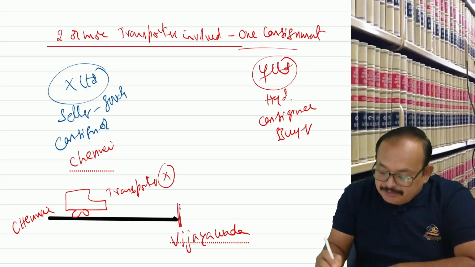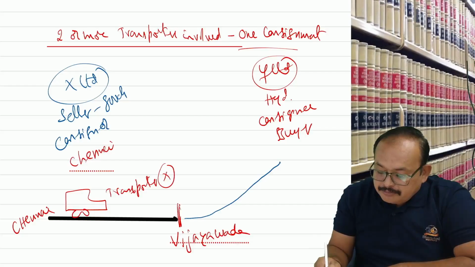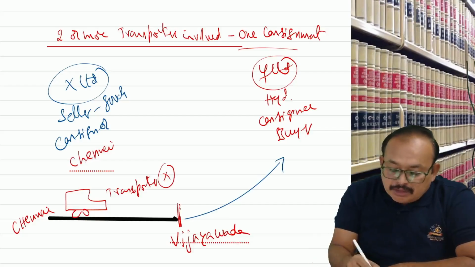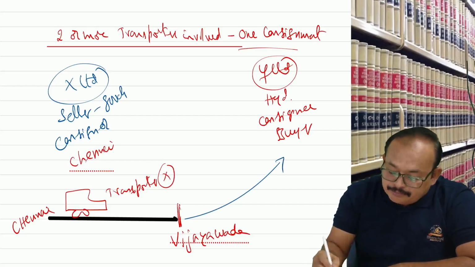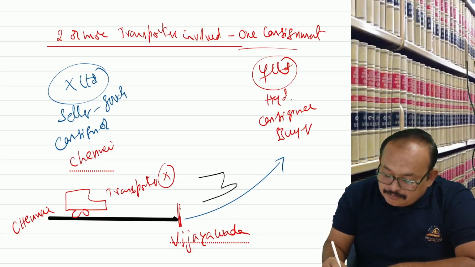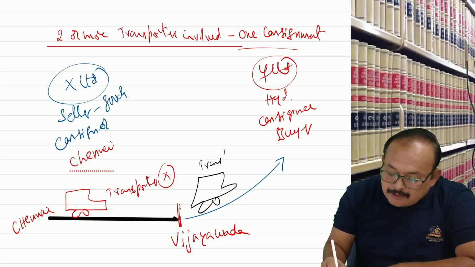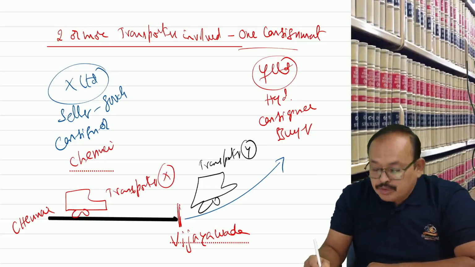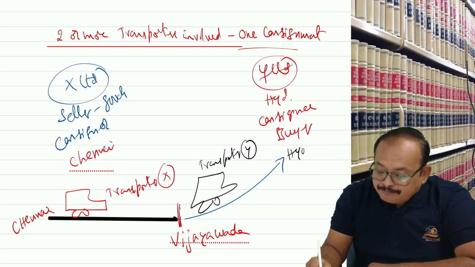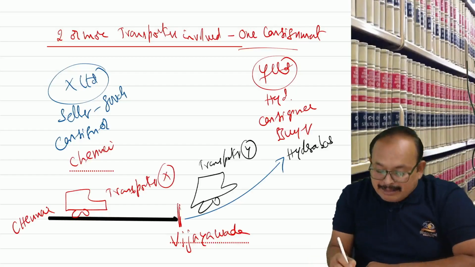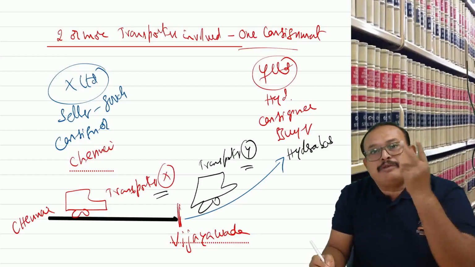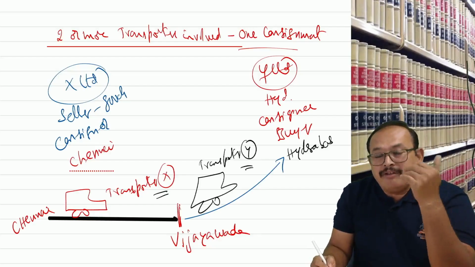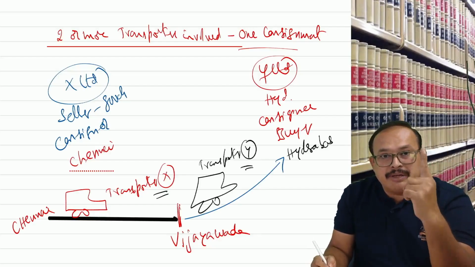From Vijayawada, transporter Y carries those goods to the destination, Hyderabad. Two transporters are involved. How many e-way bills are required? Only one e-way bill is required.